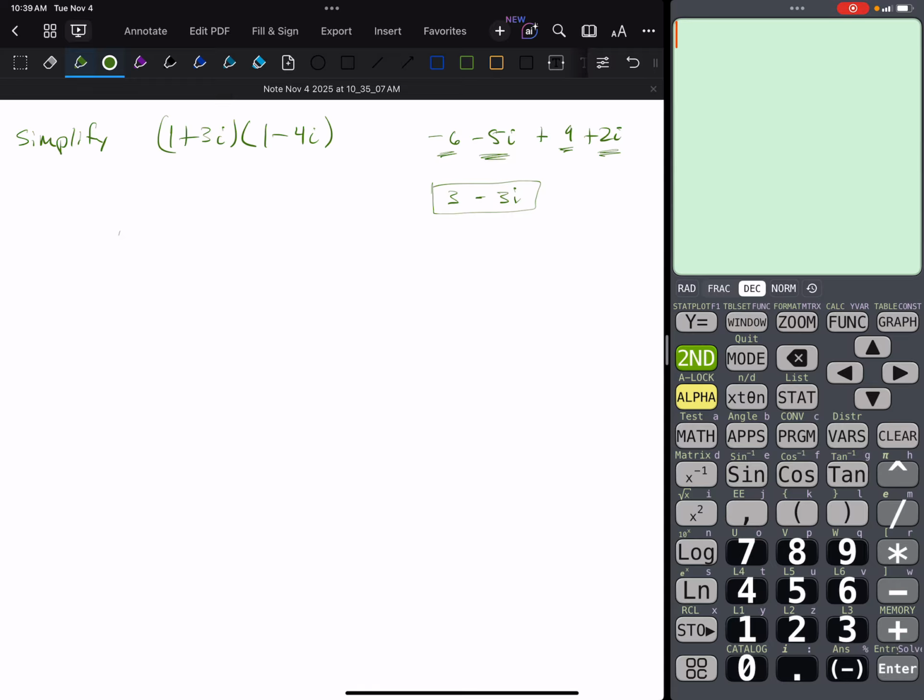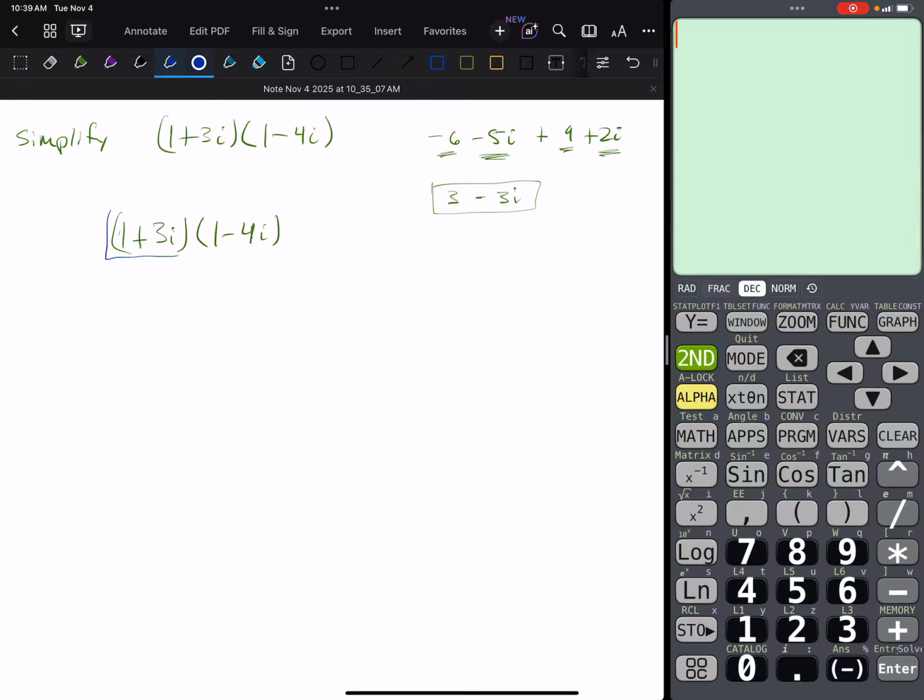And so if I'm taking this 1 plus 3i times 1 minus 4i, yes, you can FOIL. If you remember FOIL, if you've memorized FOIL, if you live by FOIL, you can FOIL. I'm going to show you how to distribute this without FOIL because I don't particularly like memorized patterns.